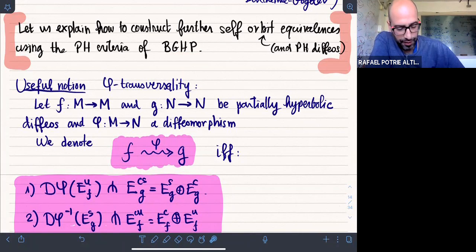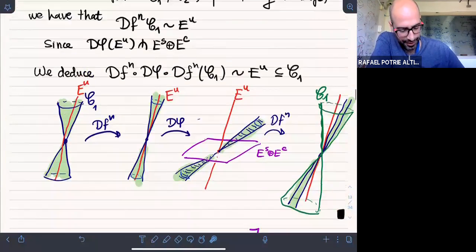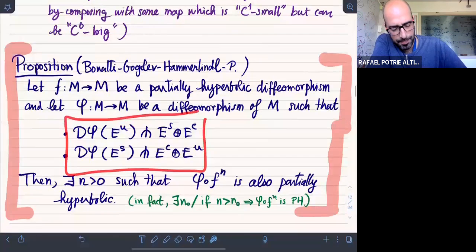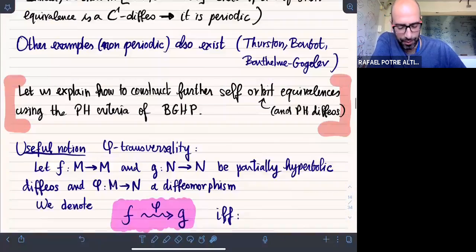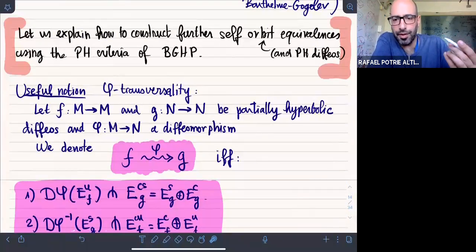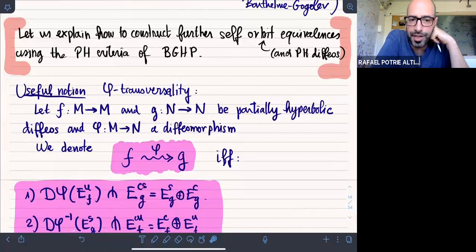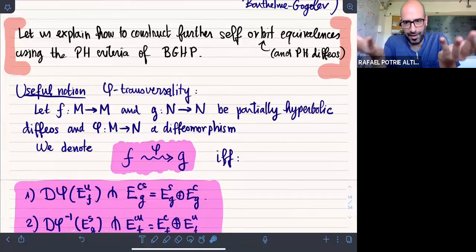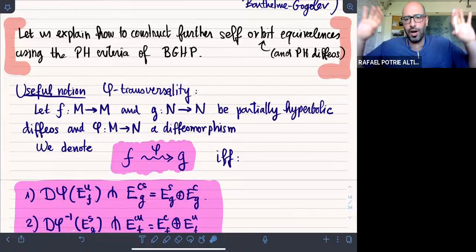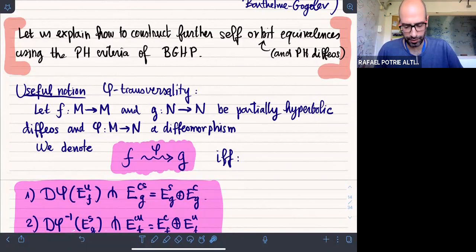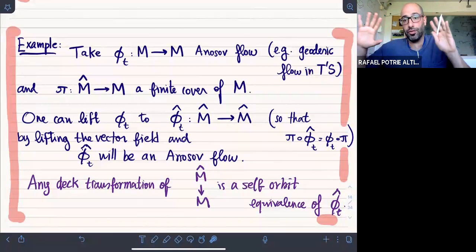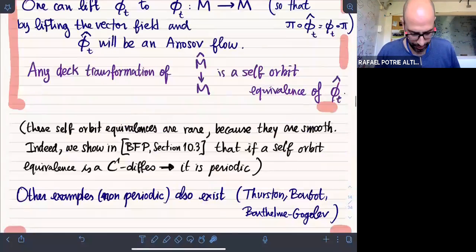It's essentially the same notion that appears in this remark, which is you have these transversalities, but now I will allow the partially hyperbolic systems to be different, not even in the same manifold.